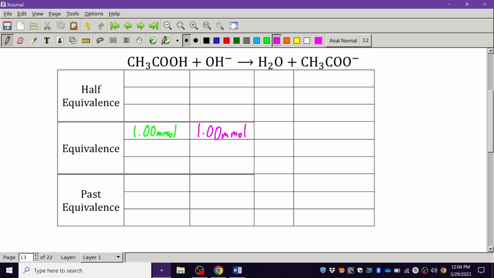All right, so just like with the strong acid, strong base titration, both of my reactants are consumed. But the other thing we have to account for, we'll form a millimole of water, but what's important to us is this, it's the fact that we also form 1 millimole of conjugate base. And so what we end up with in this solution is conjugate base alone.